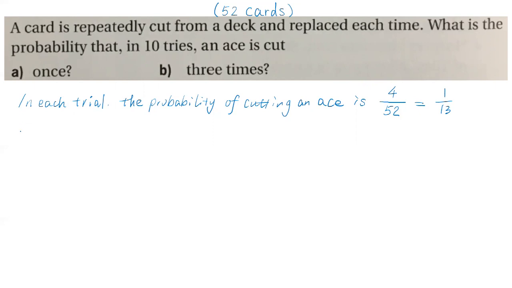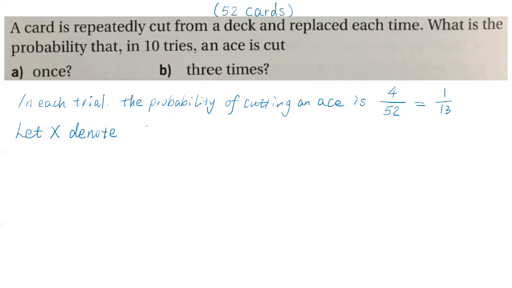And what is the random variable here? Again, we use an uppercase X to denote the random variable. Okay. That X denotes the number of aces we cut in the 10 tries, right? In 10 tries, the number of aces we cut is a random variable. It could be 0 or it could be 10, right?